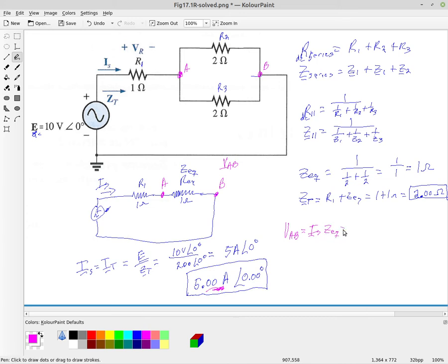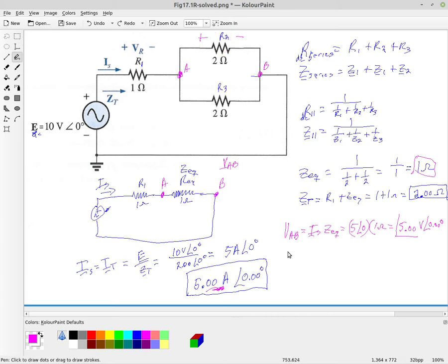That's 5 amperes at an angle of 0 degrees multiplied by our Z equivalent, which was 1 ohm, and that gives us 5 volts. In Blackboard, it would be 5.00 volts at an angle of 0.00 degrees. That is our voltage drop across these resistors.